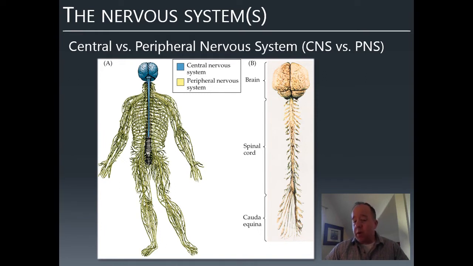So it's called the horse's tail, or cauda equina, because a lot of terms are in Latin. Some terms we'll see come from Greek, some come from Latin, and a lot of that is just because of the history of neuroscience. Anyway, that's what that label means. For now, the distinction between the CNS and the PNS is what we care most about.